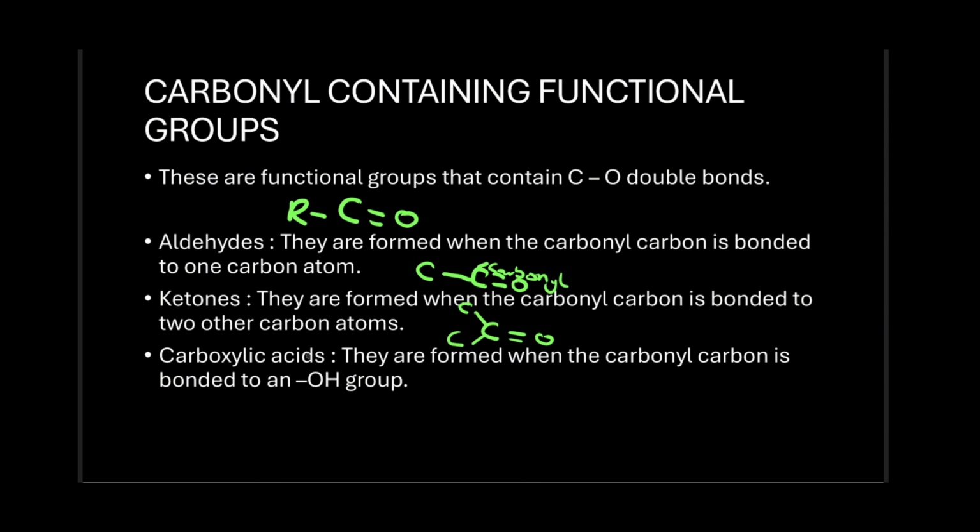And then we have carboxylic acids, and they are formed when the carbonyl carbon is bonded to an OH group. So we have our carbonyl carbon being bonded to an OH group. So you can have something like this, with this being the carbonyl carbon.